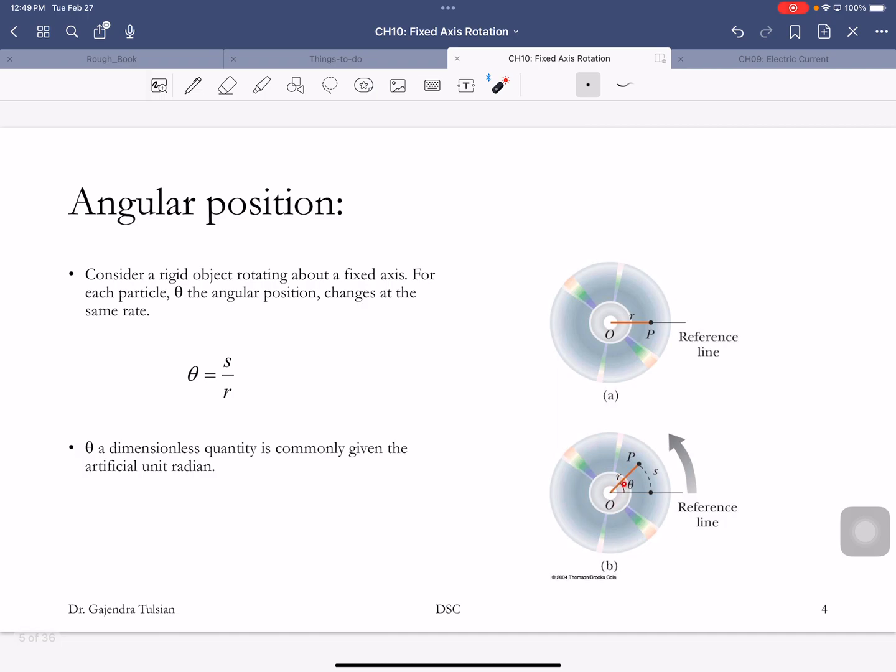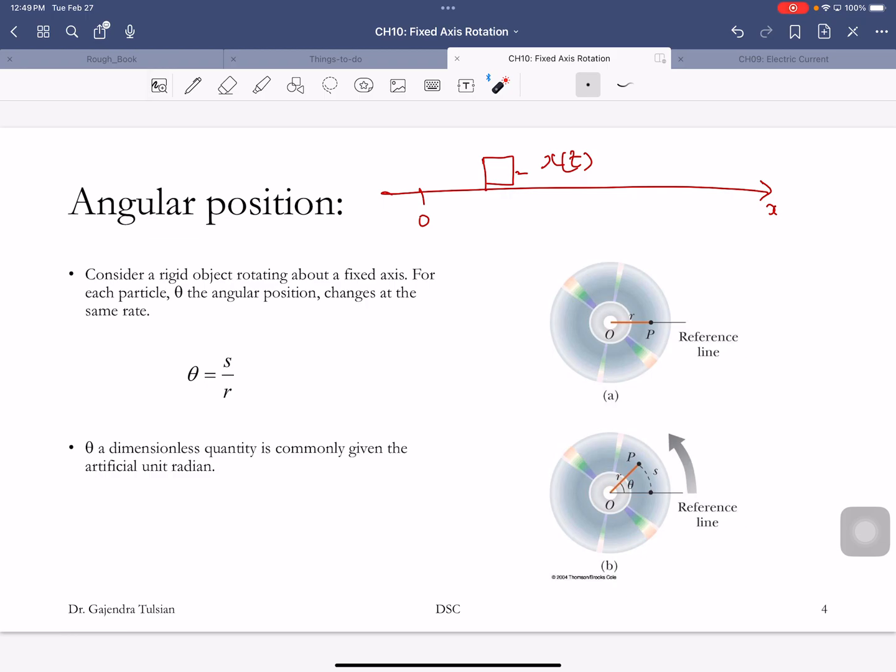So here's our object. This will be a reference line. That reference line is the parallel of what? It's the parallel of the origin on your x coordinate. All distances x were measured with reference to that origin, so our angular position will be measured with reference to that reference line.